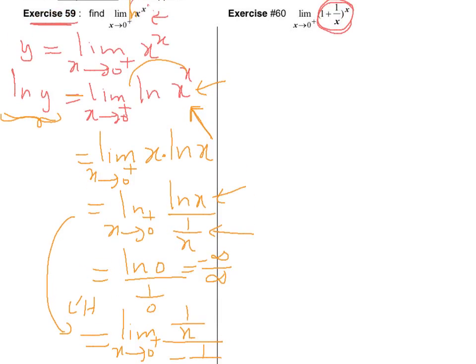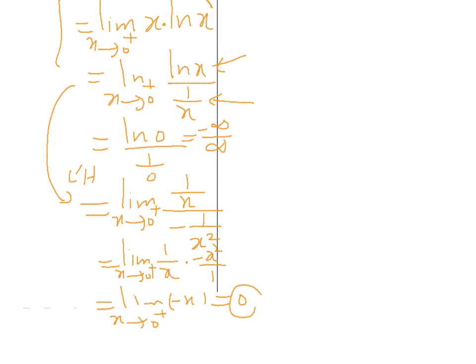You see, ln y is equal to all of this. Now, we are not interested in ln y. We are interested in y, which is the limit required. So if ln y is equal to 0, then y, the limit required, is equal to e to the power 0, which is equal to 1.